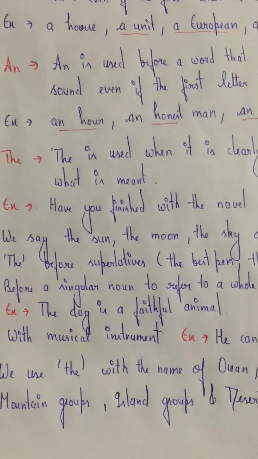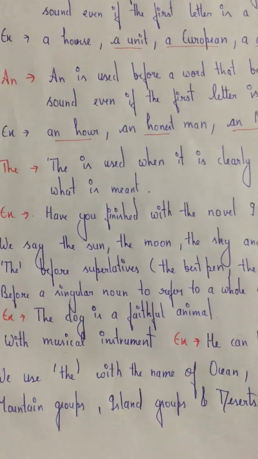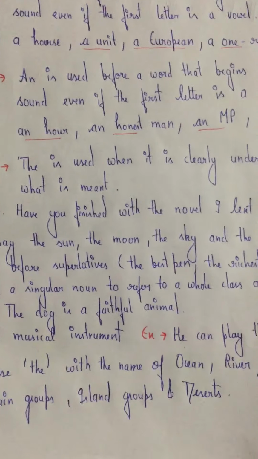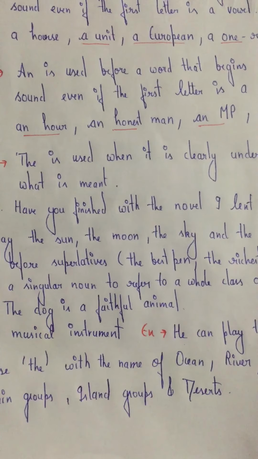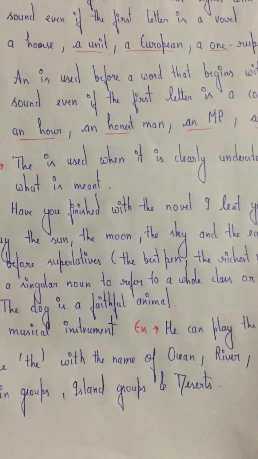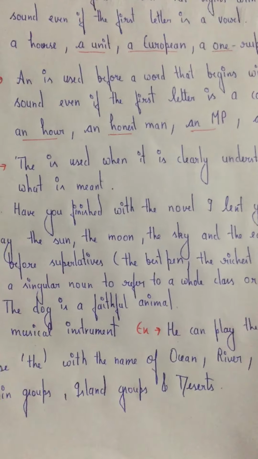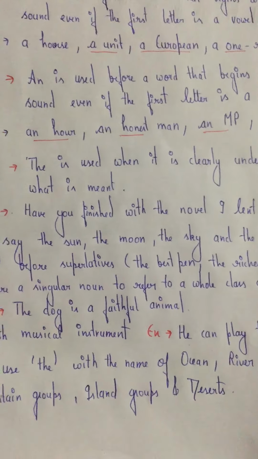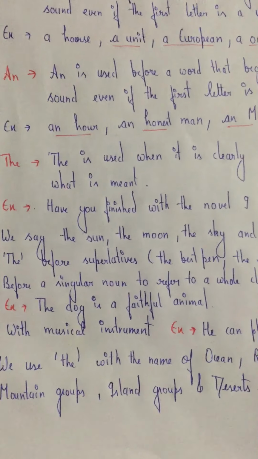Now let's see where the is used. The is used when it is clearly understood who or what is meant. Means where you know the thing about which we are talking. If the thing is definite, then we use the.